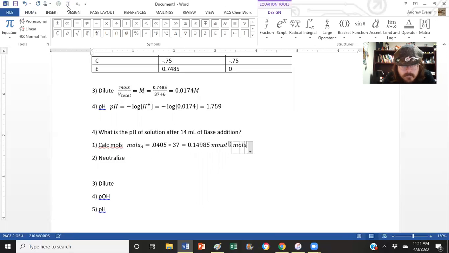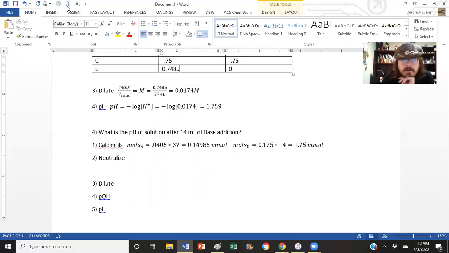Moles of base equals still 0.125, but now we are using 14 mils. So I have 1.75 millimoles of base.